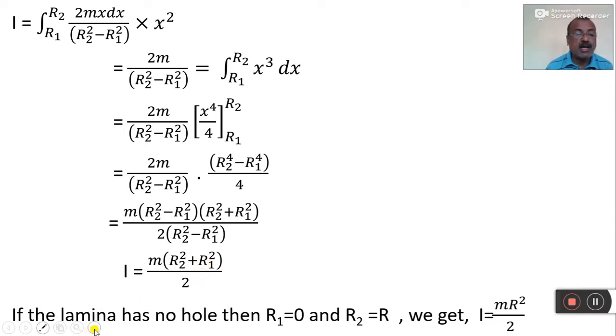If the lamina has no hole, then R1 is equal to 0 and R2 is equal to R. We get the moment of inertia as mR squared by 2.